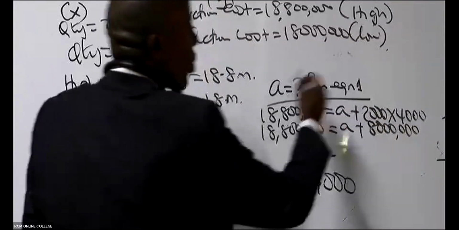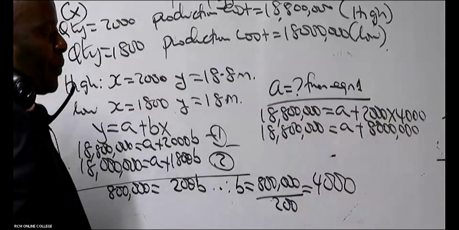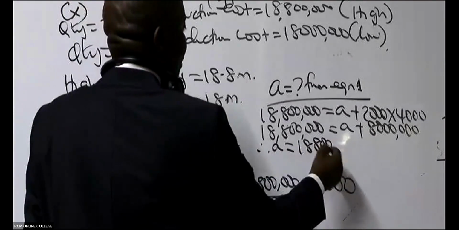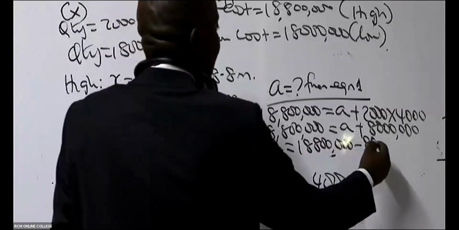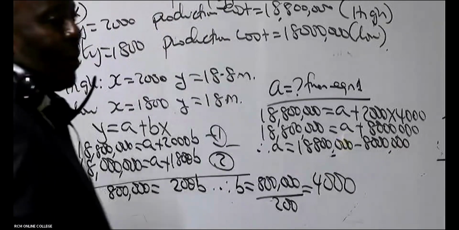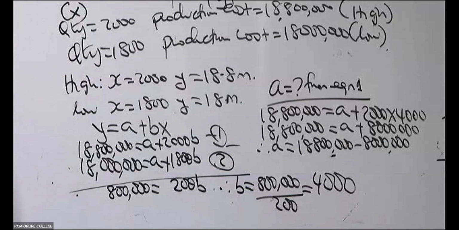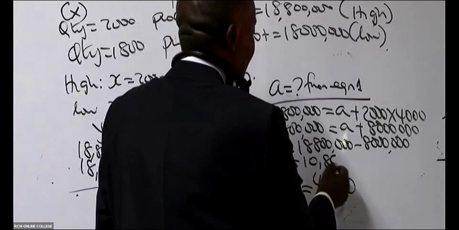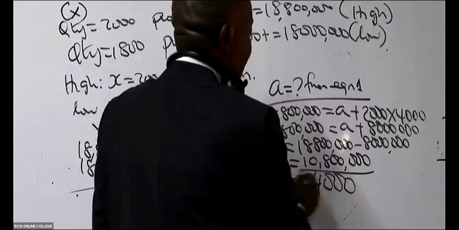So this has to cross over, isn't it? So therefore, A will be 18,800,000 minus 8 million, which will end up giving us what figure? 10 million, right? So A is 10 million.